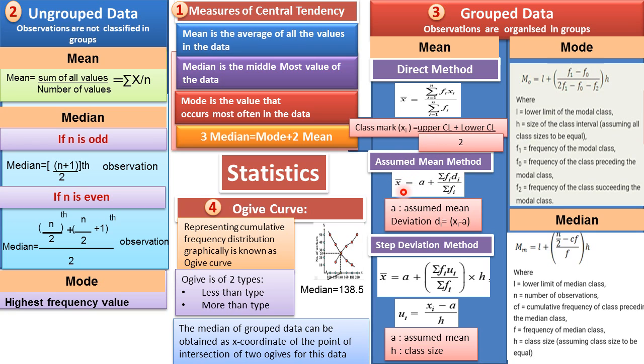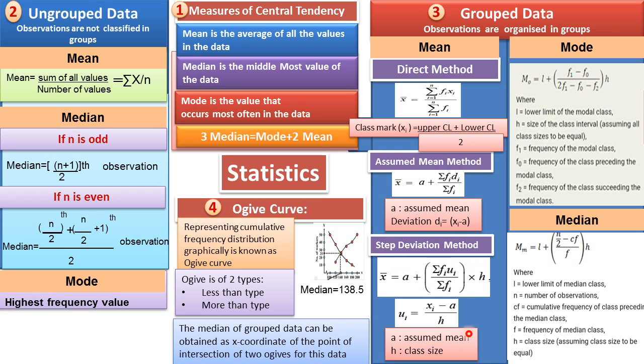The formula is x bar equals a plus summation fi di divided by summation fi, where a is the assumed mean. We can assume a mean, then accordingly find the mean by this method. The deviation di is equal to xi minus a, where a is the assumed mean. That's how we find the mean by the assumed mean method.